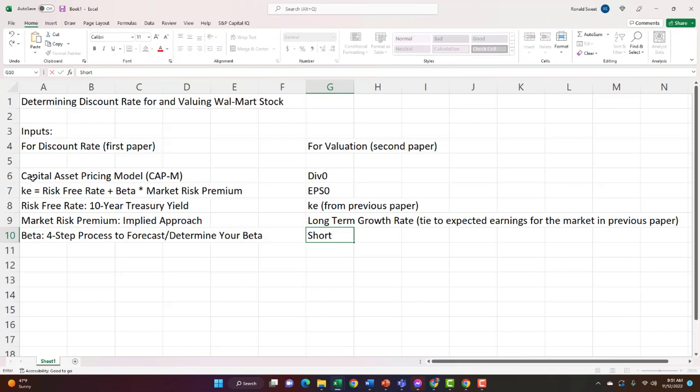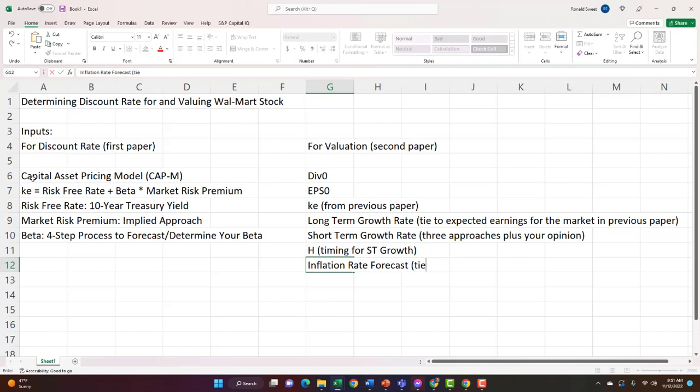We need a short-term growth rate, and I have three approaches plus your opinion that you can use there. We need an H, or the timing, for short-term growth, probably the most subjective number in the papers. And we need an inflation rate forecast. And that we're going to tie to the inflation assumed in the previous paper.